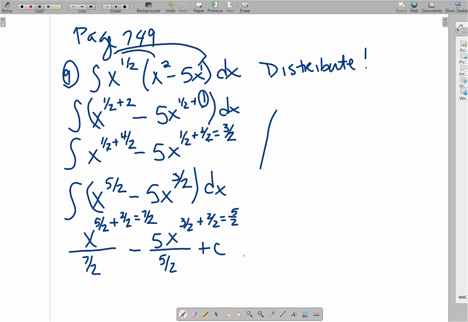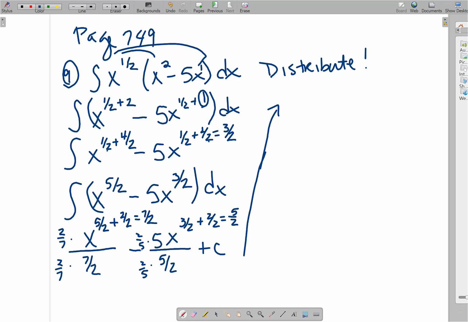All right, let's simplify this mess up here. I could take the 7/2 and multiply it by 2/7 and do the same here. I could take this and multiply it by 2/5.